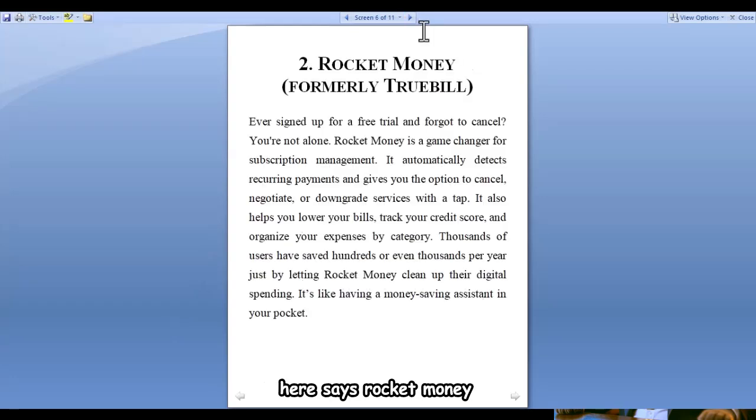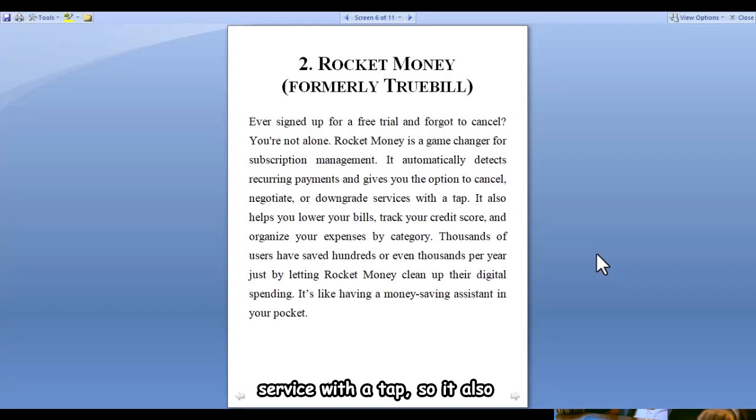Number 2 is Rocket Money, formerly Truebill. Ever signed up for a free trial and forgot to cancel? You are not alone. Rocket Money is a game changer for subscription management. It automatically detects recurring payments and gives you the option to cancel, negotiate, or downgrade a service with a tap.